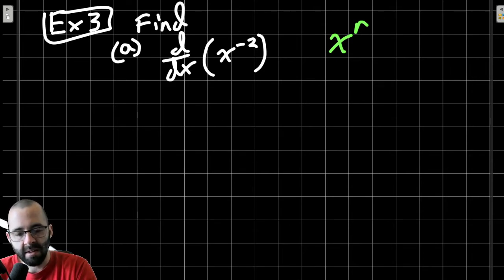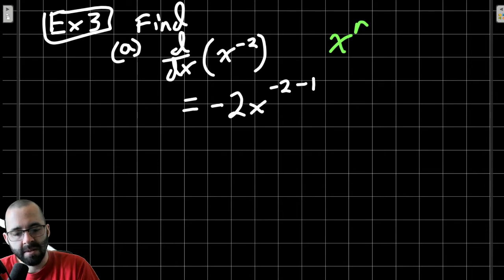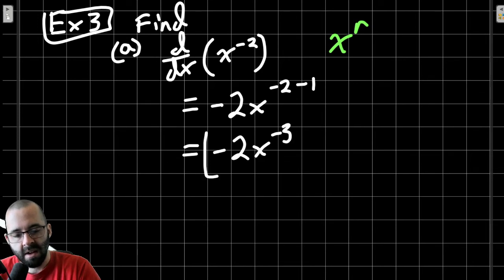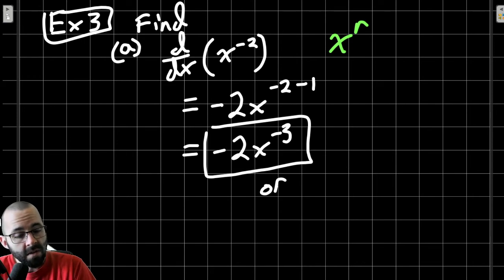So the derivative of this function, remember this just means derivative. The derivative of this expression is, well, we bring down the exponent, and the new exponent, we just have to subtract 1. Simplify that out, that becomes negative 2 times x to the negative third. And that's a perfectly acceptable answer. Or you could rewrite it.